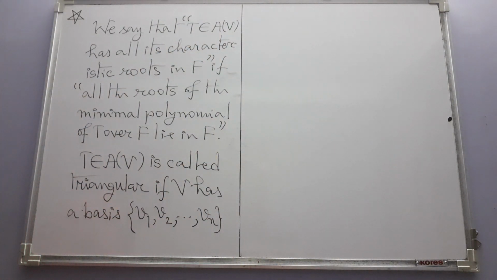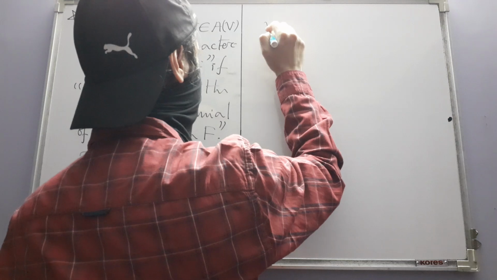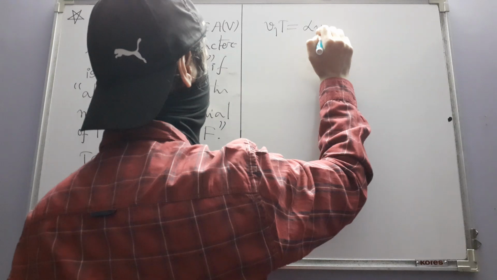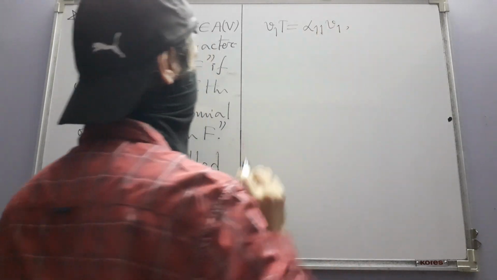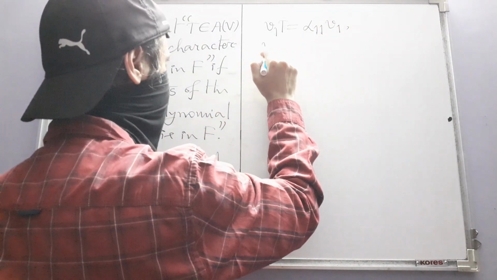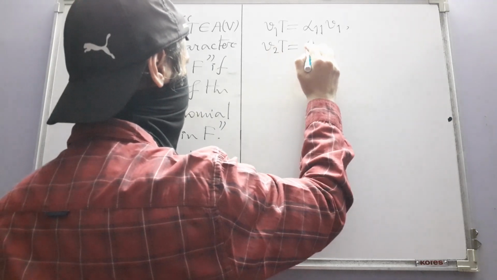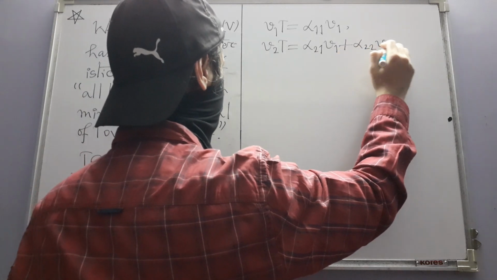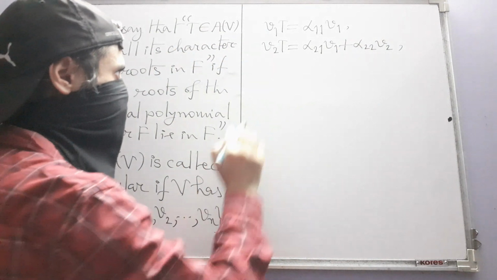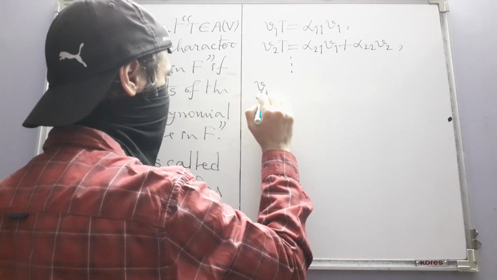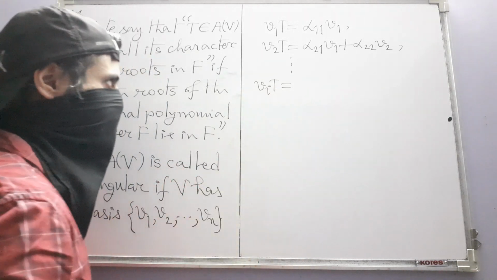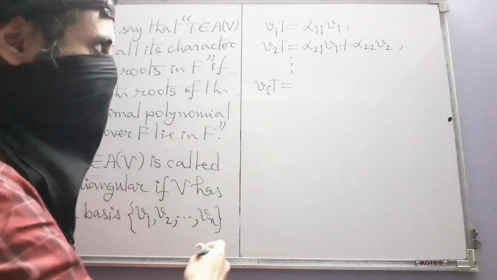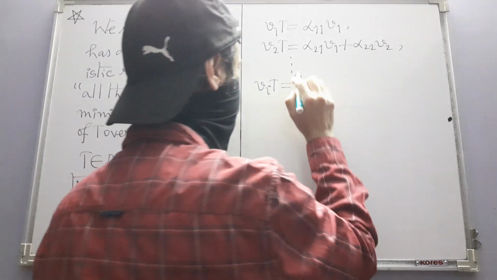Such that if you apply T on V1, then that is just a multiple of V1. If you apply T on V2, then it's a linear combination of V1 and V2. Like that it goes, and following the pattern, the image of Vi under T will be a linear combination of all the V's starting from V1 and ending at Vi.